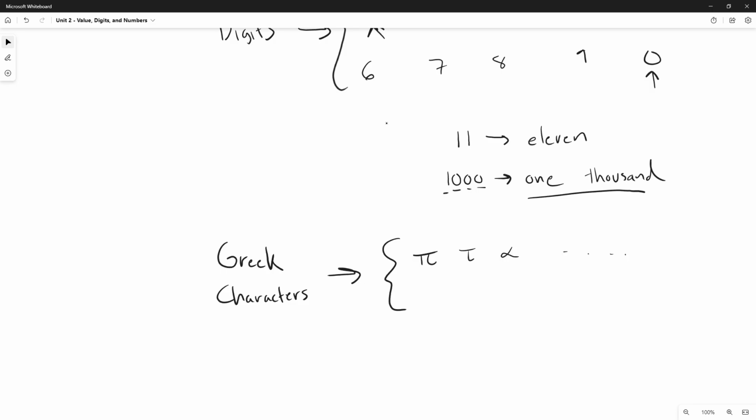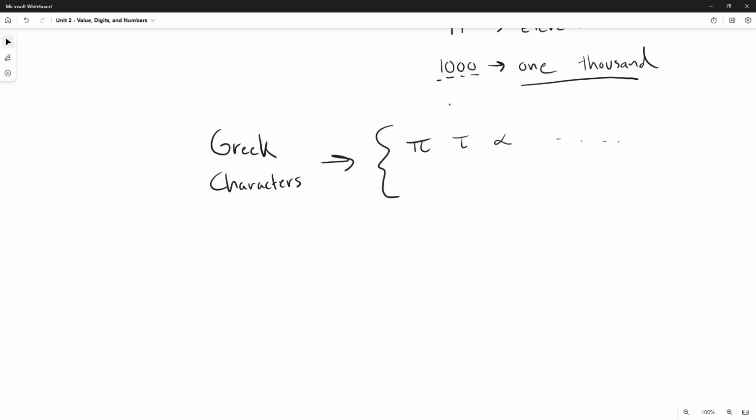We use these as variables, which you'll learn about at the end of this course and into Algebra 1, but just a little hint. We also, at the end of this course and in algebra, use English characters, also known as letters.